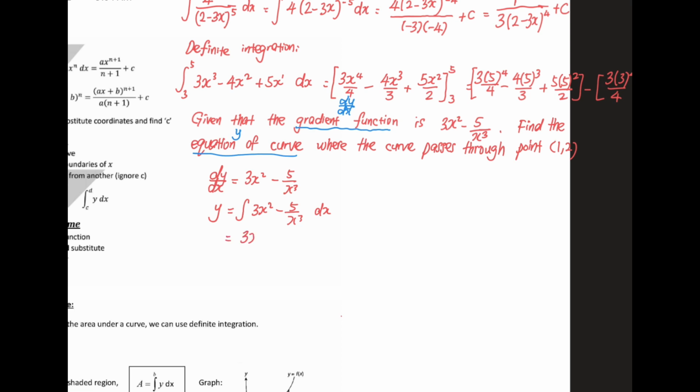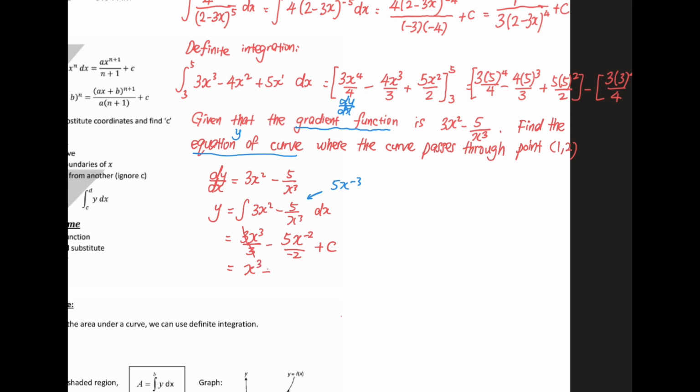So when you integrate, you will get 3x cubed over 3 minus, okay, so imagine this is 5x to the power of negative 3. Yeah? So now we integrate, we have to plus 1 to the power, 5x to the power of negative 2 over negative 2 plus c.